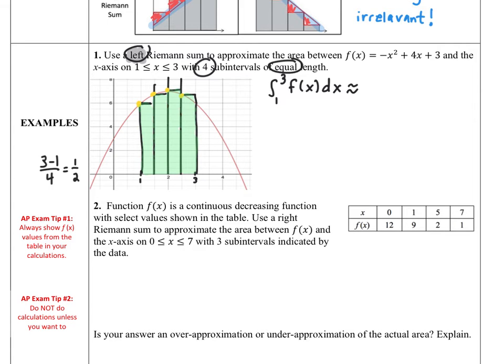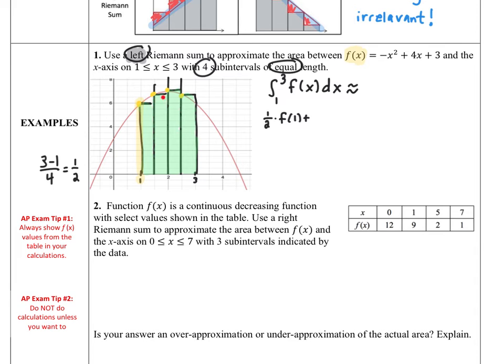Now my job is just to find the area of each one of these rectangles. I'm going to take them one at a time. So this first one is 1/2 unit wide, and its height goes up to, I can read from my graph that it's a 6, but don't trust your graph. The best way to do this is to take that value of 1 and plug it into your f of x function. So f of 1 is going to tell me what that y value is, which represents the height of that rectangle.